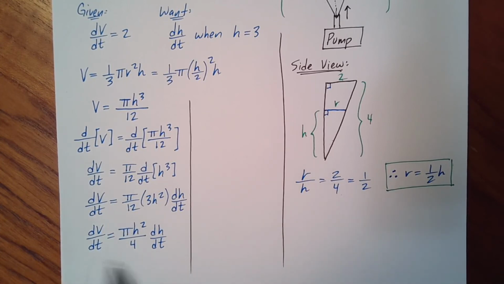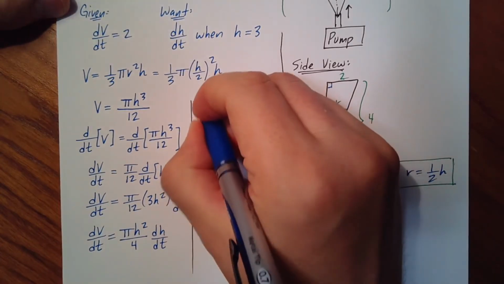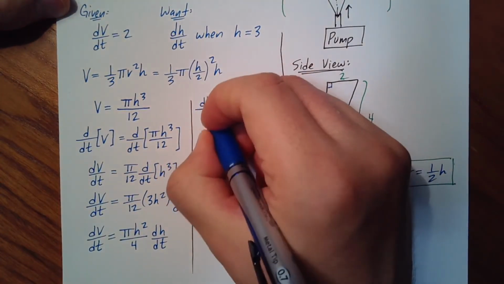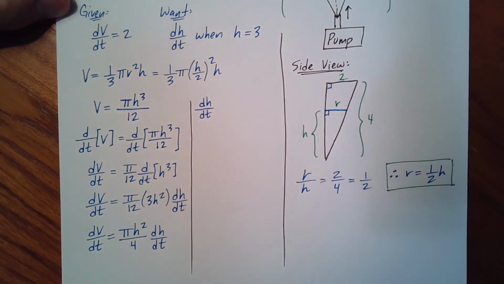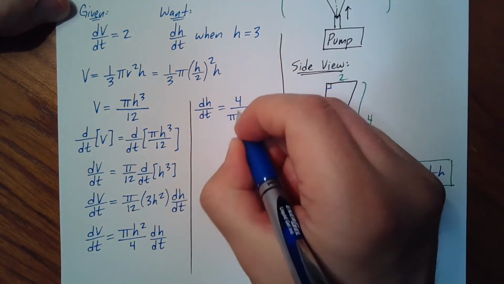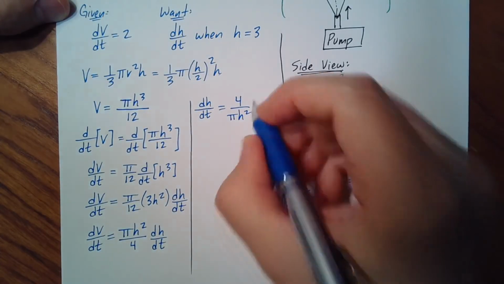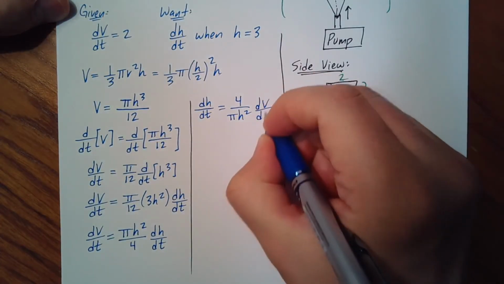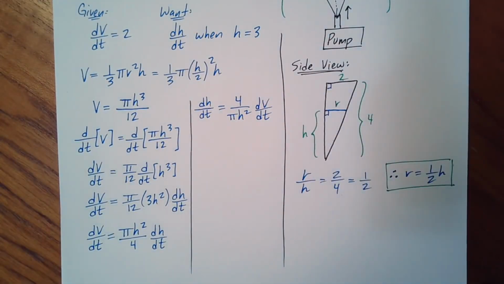Or, pardon me, multiply both sides of the equation by 4 over pi h squared. And what that'll give you is the following. You'll have dh/dt is going to be equal to 4 over pi h squared times dV/dt. That's what you'll get if you carefully solve for dh/dt.